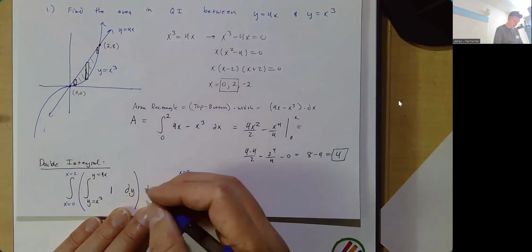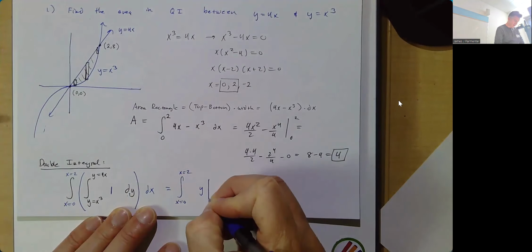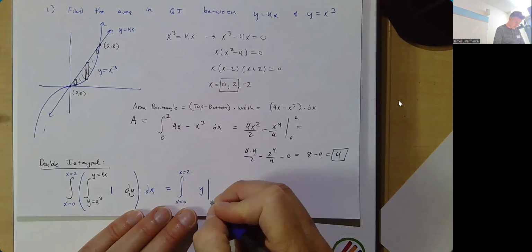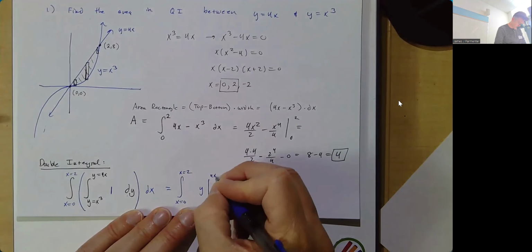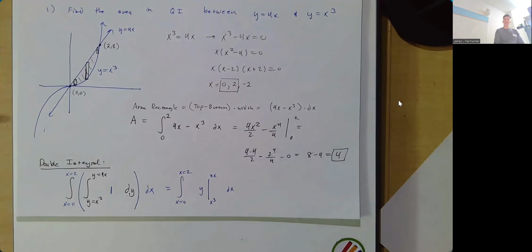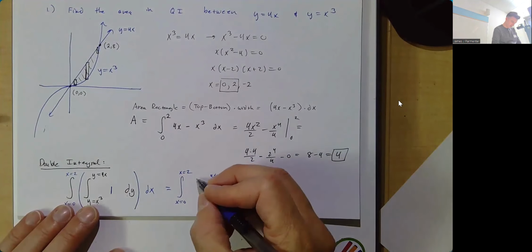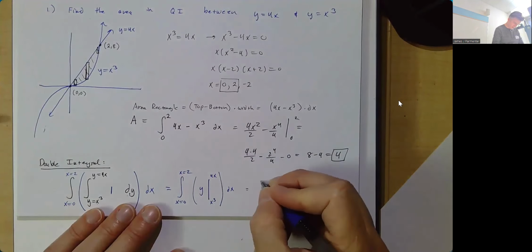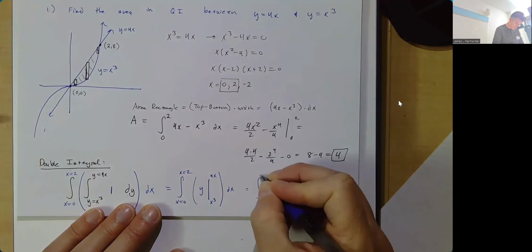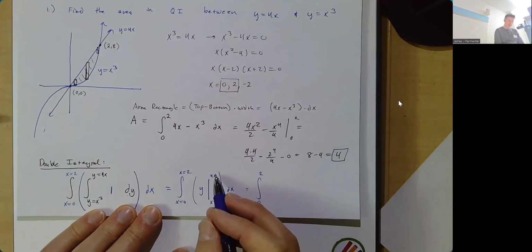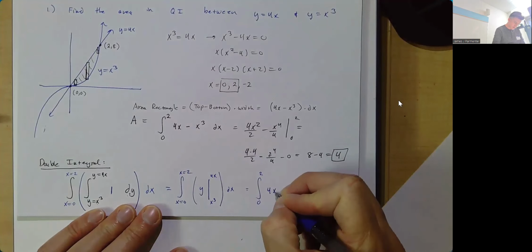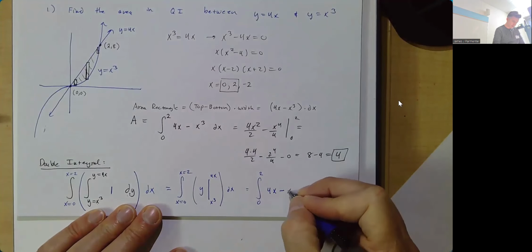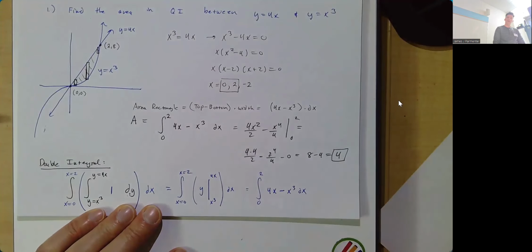You're going to get the integral of 1, which is y, evaluated from x cubed to 4x, dx. And now when I do that inner evaluation, I have the integral from x equals 0 to x equals 2. Well, I plug in the top thing first, minus I plug in the bottom thing second. Oh, look at that.